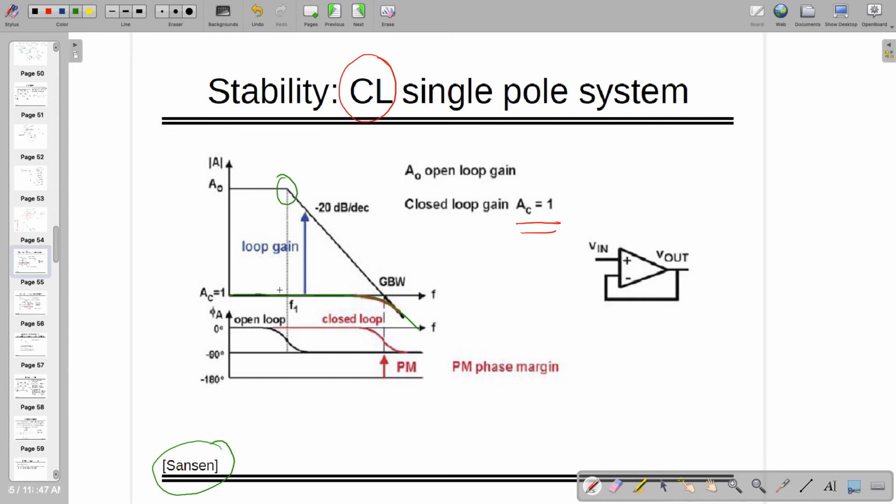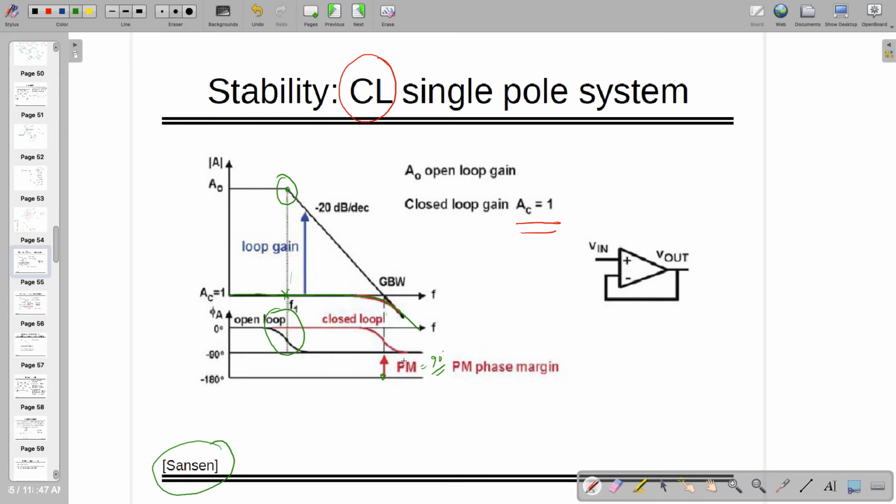If you look at the open loop, it is going to give this phase characteristic from 0 to minus 90 around the location of the pole, whereas closed loop is going to give this characteristic 0 to minus 90 degree around the UGW if it is only one pole. And you can talk about phase margin. Phase margin is actually plus 90 degree for closed loop, right?